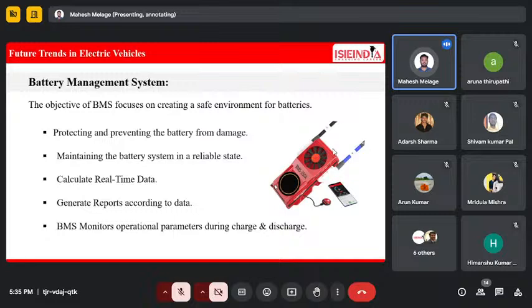The battery's minimum charge is 20%. When the battery reduces to 20% charge, we plug in the charger, and when it reaches 80 or 90%, we remove the charger, because it is a safety point of view. The battery should never be charged beyond 80 to 90% or discharged below 20 to 50%.